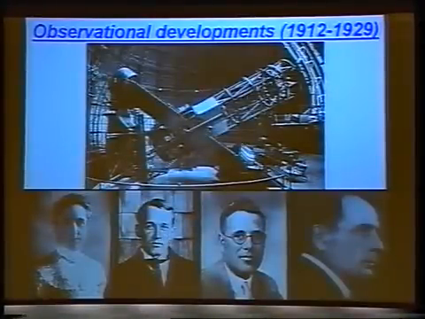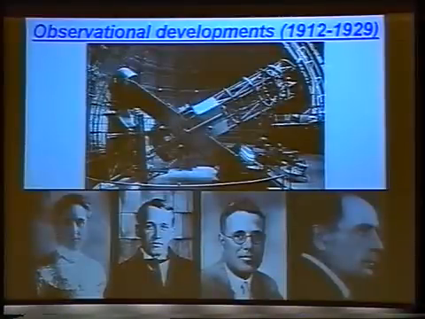This is Slipher. The first discovery of the expansion rate of external galaxies was made by Slipher when looking at the Andromeda galaxy. The reason he was looking at the Andromeda galaxy is he was ordered to look at it by his boss, Percival Lowell, because Lowell was certain that the Andromeda galaxy was only 10 parsecs away, and it was not a galaxy, but a proto-solar system in the process of forming.